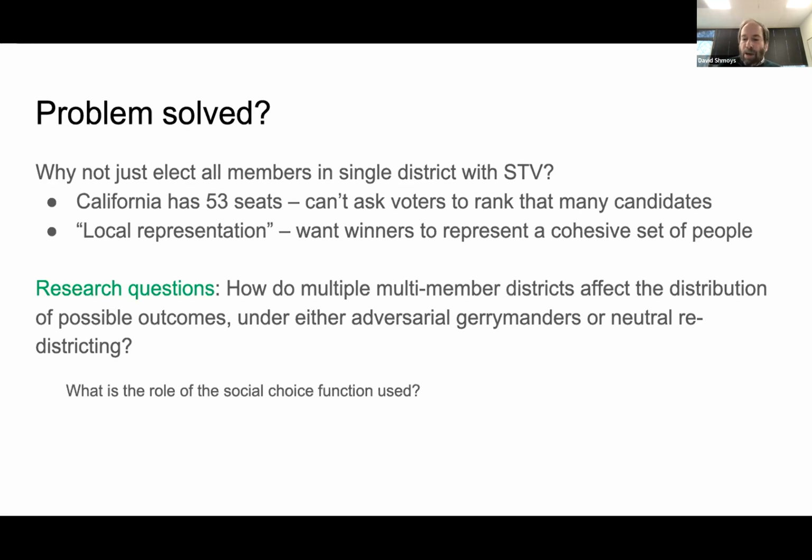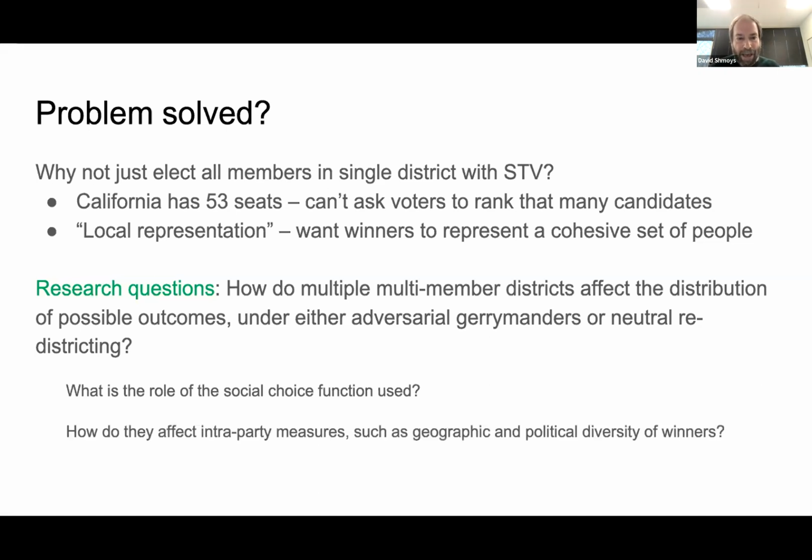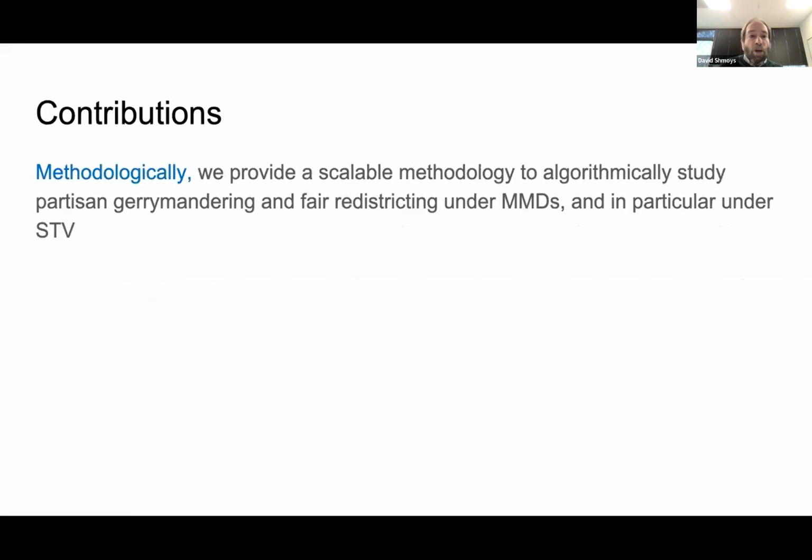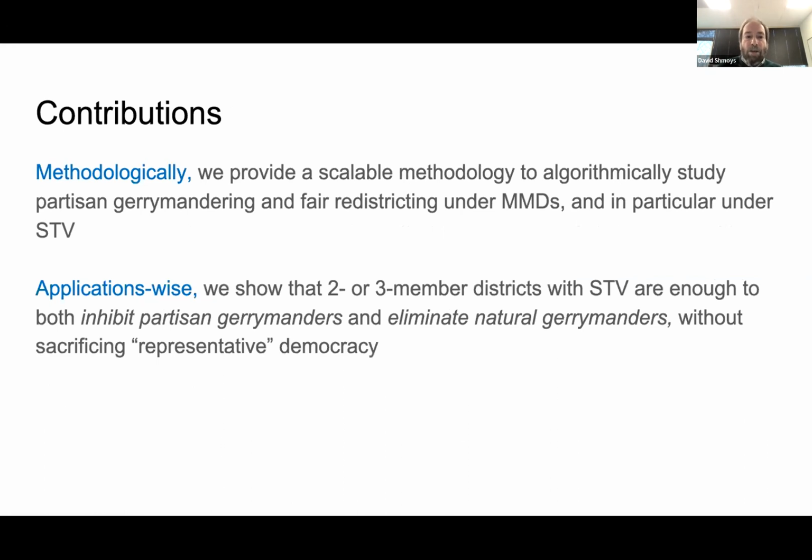And what does that do in terms of the ability of an adversarial and intentional gerrymander to control the outcome? And how is that a function of exactly what mechanism is used in selecting the multi-member winners in this multi-member district? So we do this again, full scale across every state.